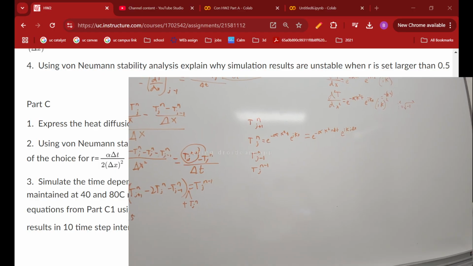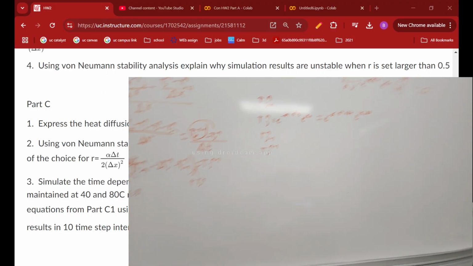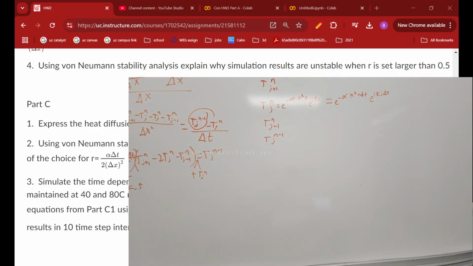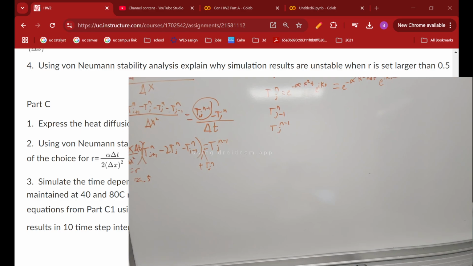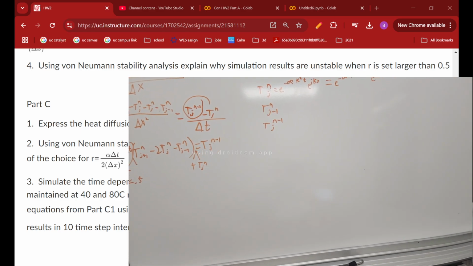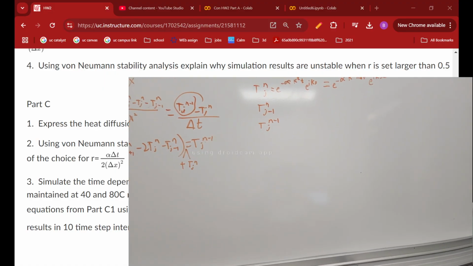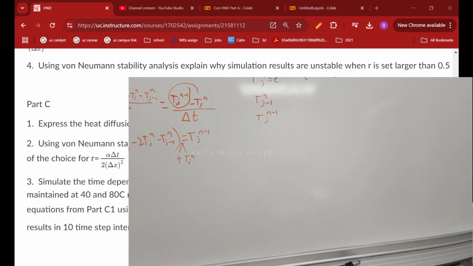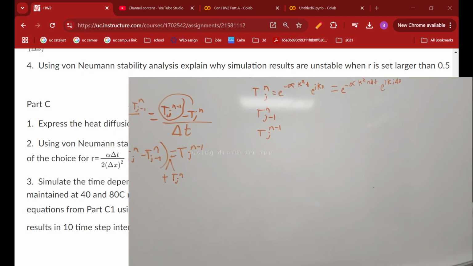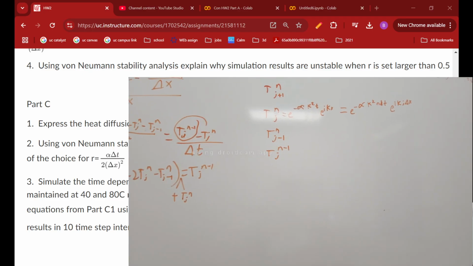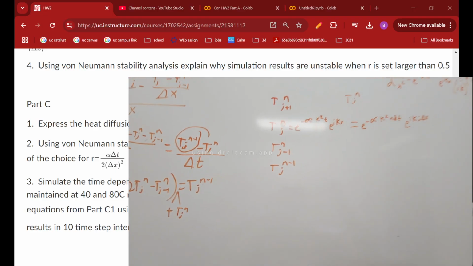And then now we can look at the one above it, which we have t j to the n.